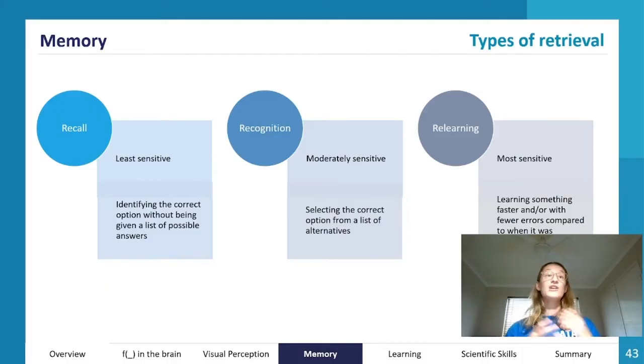So you can see that recall is our least sensitive, recognition is that middle ground, and relearning is our most sensitive type of retrieval.